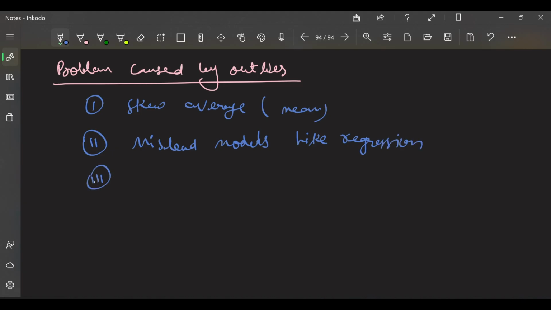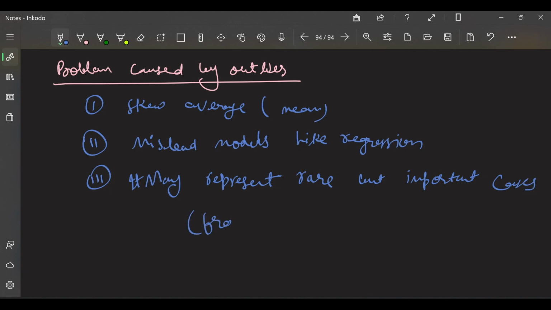The third is that an outlier may represent rare but important cases, like fraud detection. I hope I am clear about the problems caused by outliers.